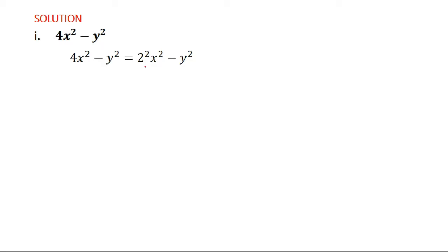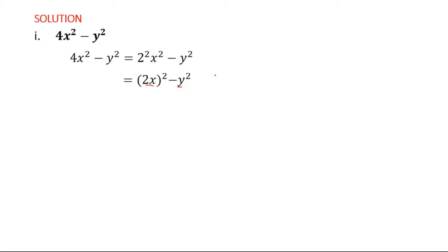We have seen from indices that 2 squared x squared can also be written as (2x) all squared minus y squared. So we know from here that 4 has now been changed to 2 squared. Then we already have our x squared. So we can now see that this is now difference of two squares, because right now 2x is our first term and y is our second term.